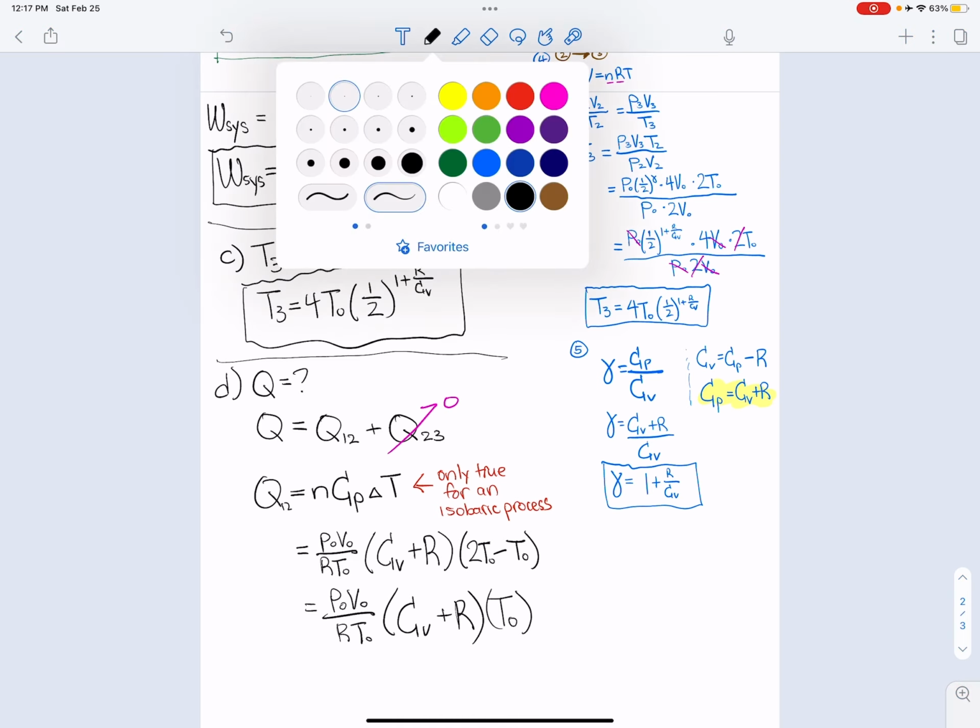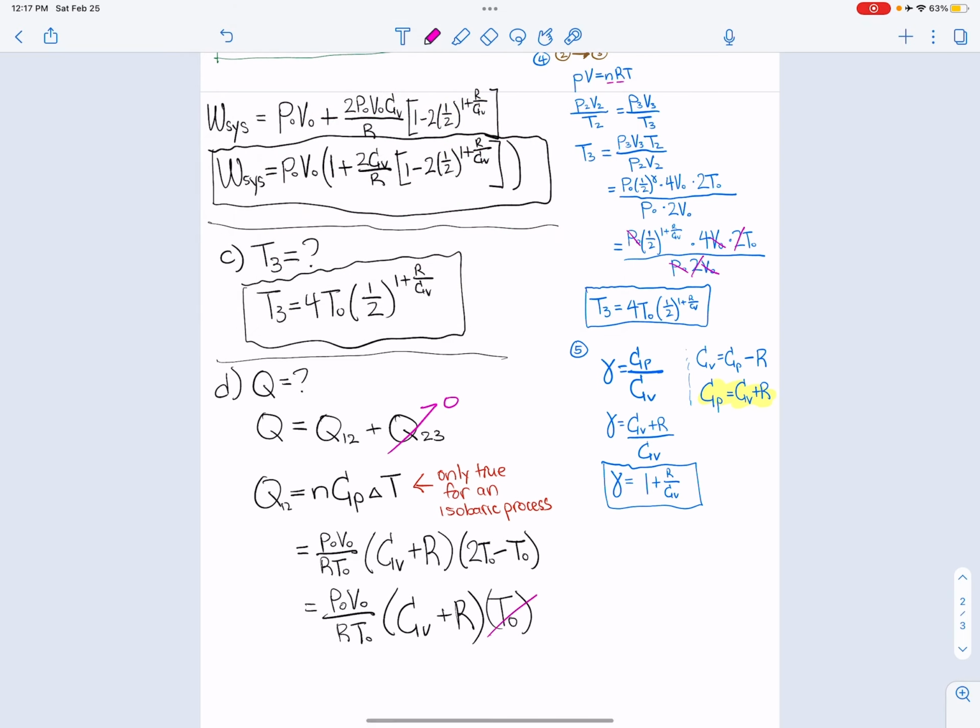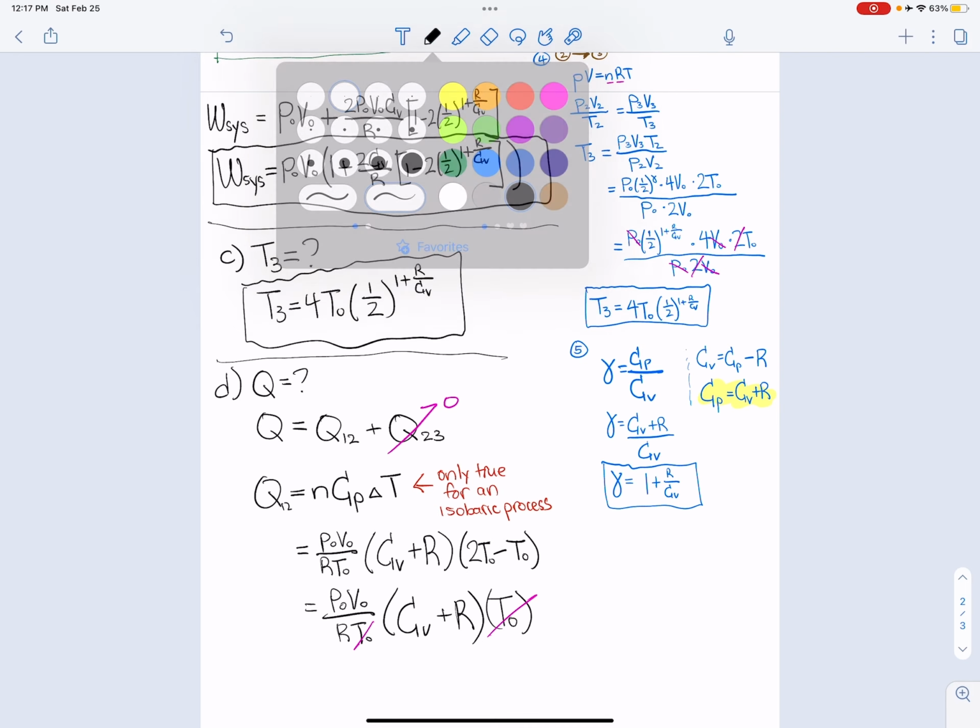And it looks like I can cancel out my T naught. Then, I'm also going to divide both sides of this equation by R, so that I can simplify even further.